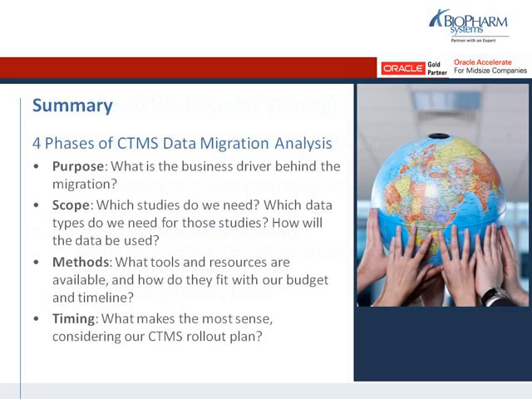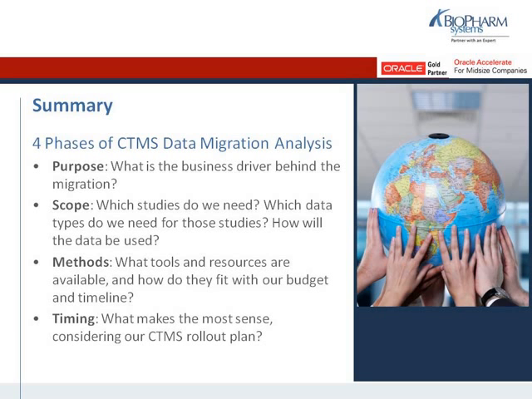The purpose: what is the business driver behind the migration? The key takeaway here is defining the business benefits early on, as this is going to drive the definition of the rest of the migration initiative. With each of the subsequent phases, we're always looking back to, what was that business driver? What were the key business benefits that we were looking for? That'll drive the decisions that you make in the subsequent areas.